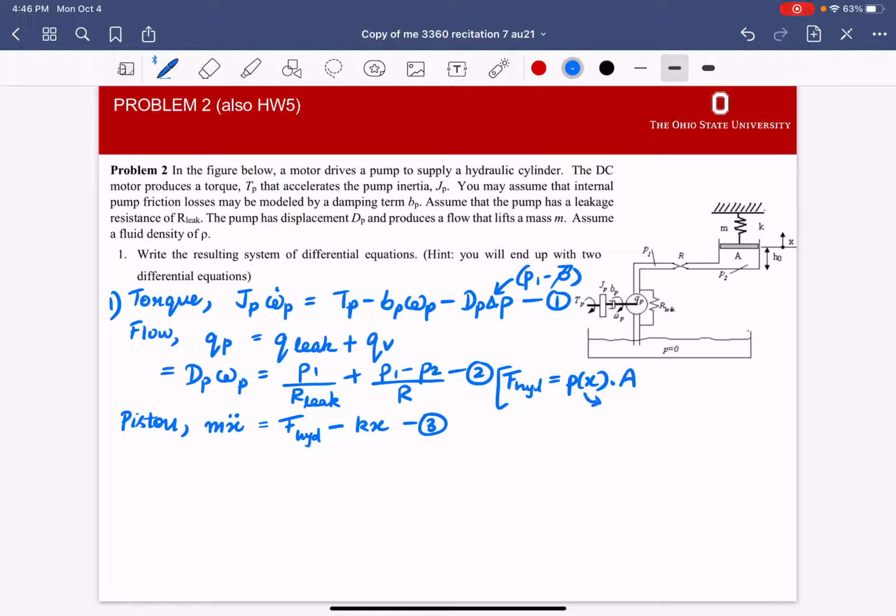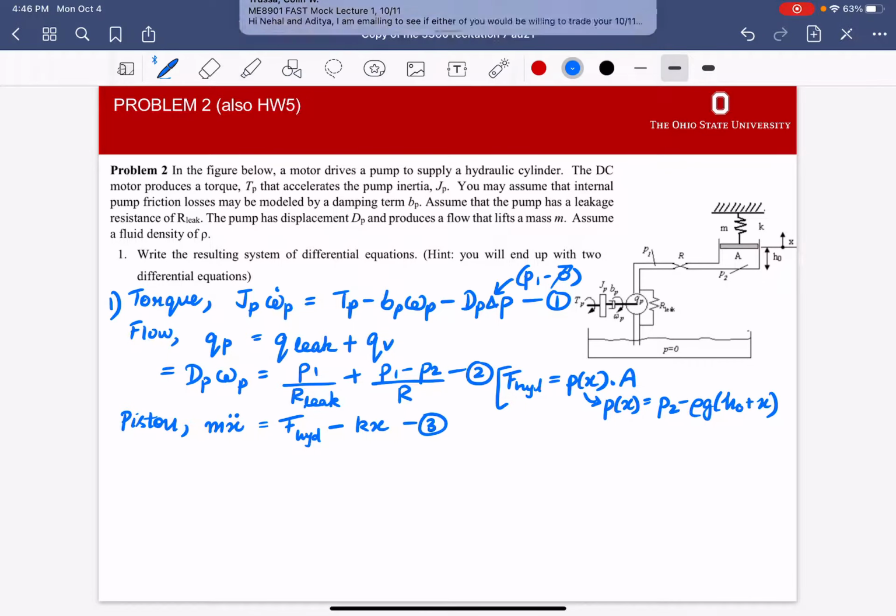And the pressure here can be written as P2 minus rho g times h naught plus x. That's nothing but the weight of the fluid. P2 is the pressure at this elevation here, and then as you go up, the pressure will reduce due to the weight of the fluid itself. Any questions on that? I'm going to call this equation 4.